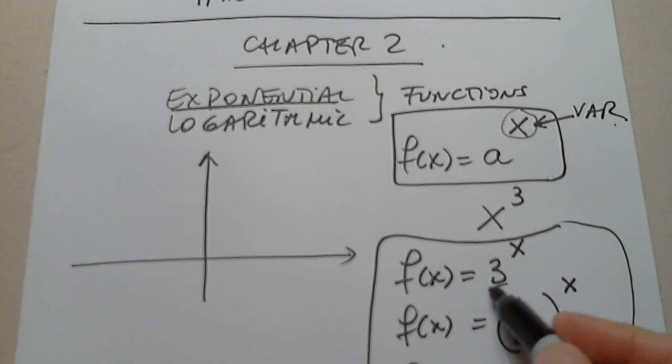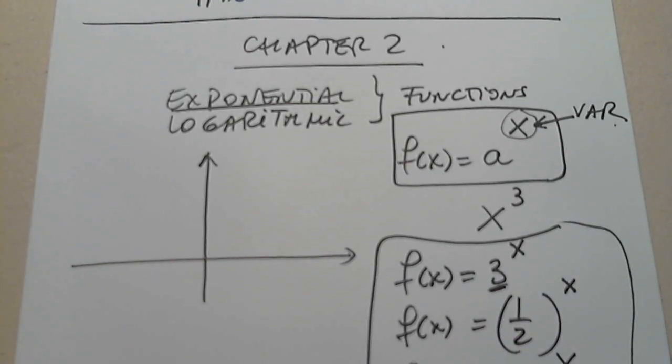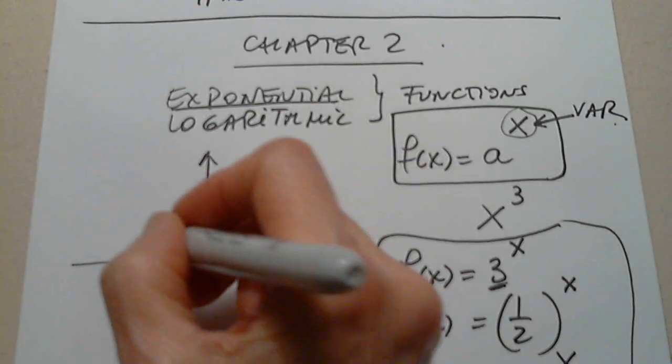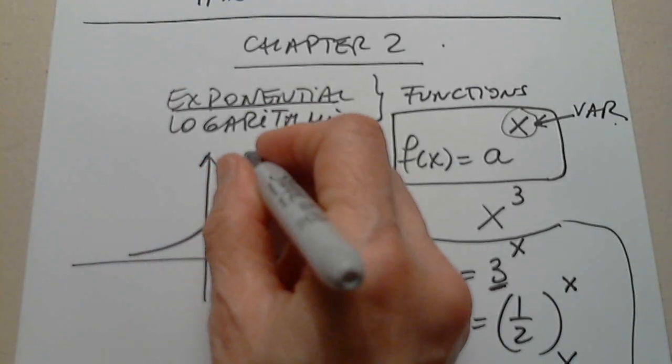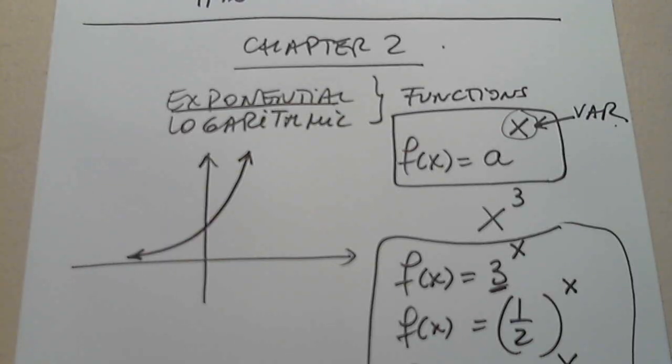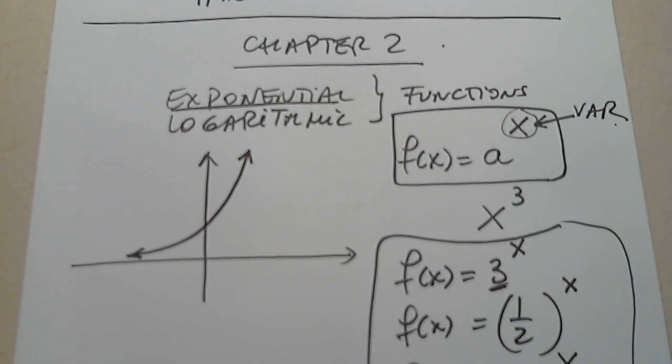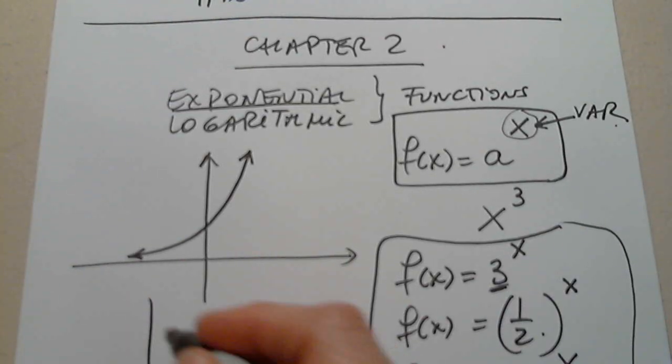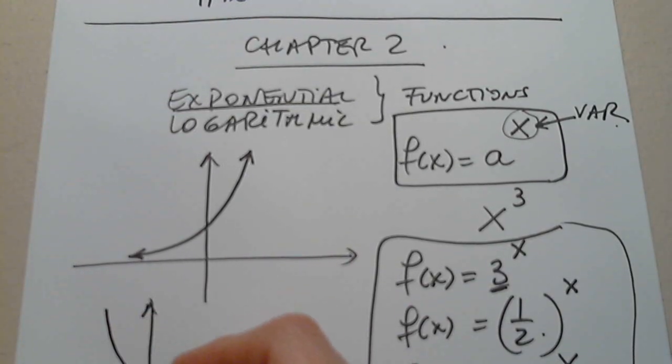Now, when the base is larger than 1, the graph looks like this. When the base is smaller than 1, the graph looks like this.